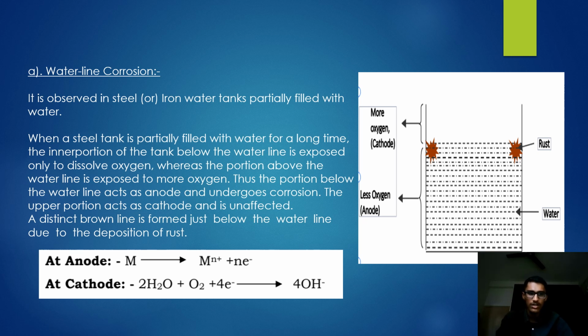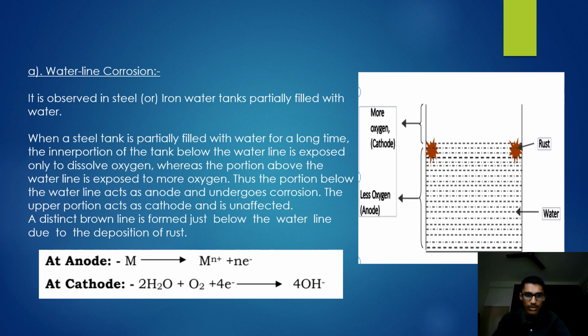First, let's see waterline corrosion. It is observed in steel or iron water tanks partially filled with water. When a steel tank is partially filled with water for a long time, the inner portion of the tank below the waterline is exposed only to dissolved oxygen, whereas the portion above the waterline is exposed to more oxygen.